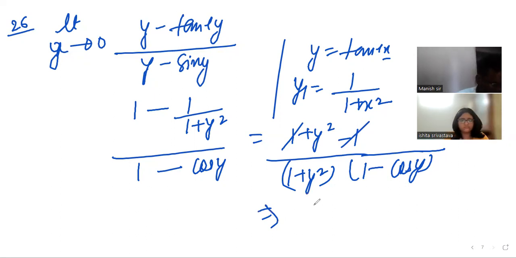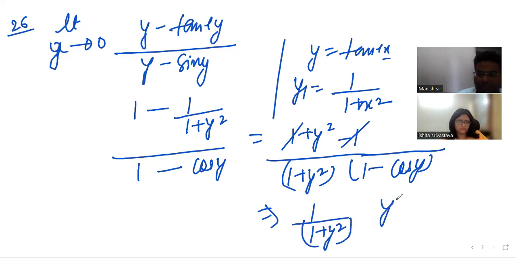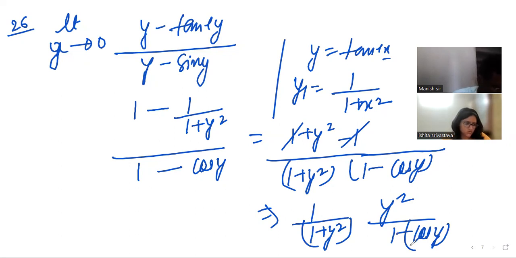So the remaining is nothing but y square. So it is 1 upon 1 plus y square, and here y square upon 1 minus cos of y. So again it is in the form of 0 by 0. Again differentiate it.